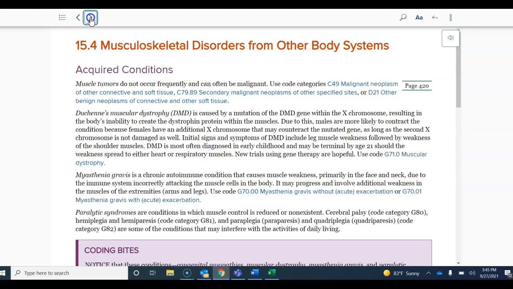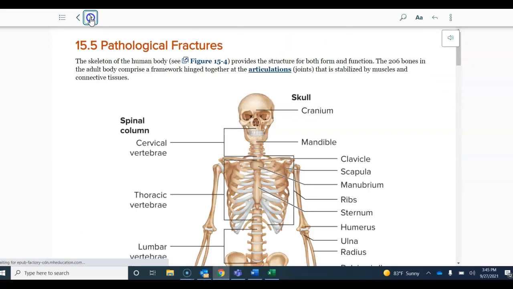So remember that a pathological fracture is a fracture due to a disease. It's not a traumatic fracture like a fall off a horse, a car accident, something like that. This is where the body has some kind of disease that weakens the bones, and a small bit of force will cause the bone to deteriorate and break. Okay?